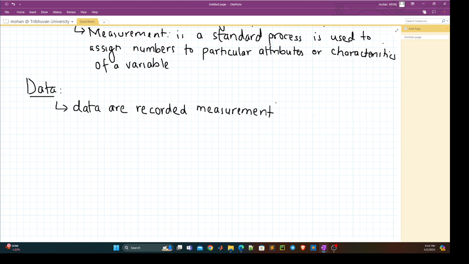So the variables are capable of taking different values, and assigning a value to some variable is known as measurement, and the data means the recorded measurement.